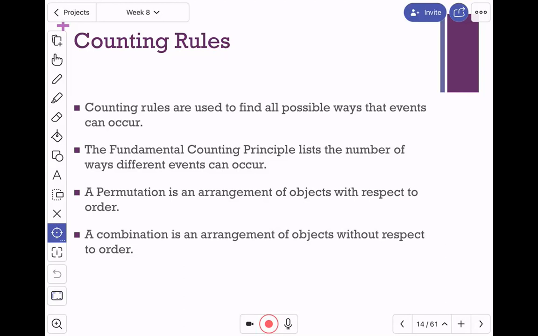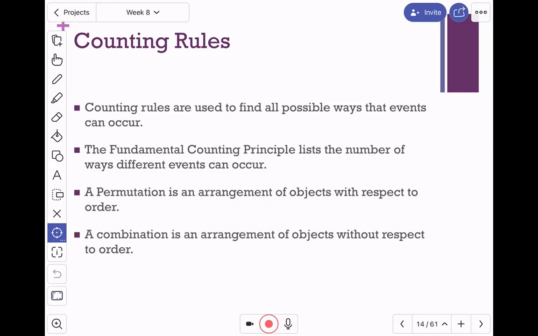That's different from a combination, where if I have 7 people, how many subcommittees of 3 people can I make? John, Betty, and Mike are the same thing as Betty, Mike, and John. So order doesn't matter there because you have the exact same 3 people. We're just listing them differently.